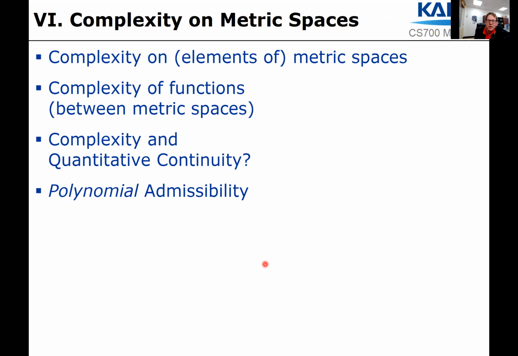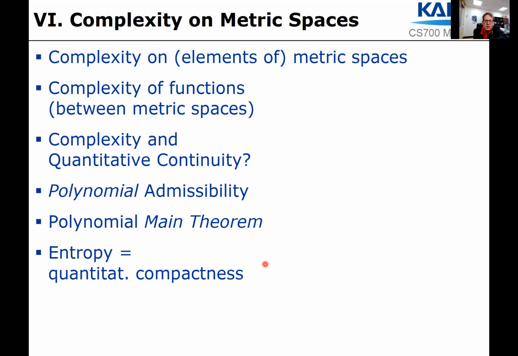And to this end, we would quantitatively refine qualitative admissibility, the notion of Kreitz and Weyrauch, to polynomial admissibility, and develop a polynomial version of the qualitative Main theorem of Kreitz and Weyrauch, which connects quantitative continuity of a function to quantitative continuity of a realizer of that function, subject to the representations under consideration being polynomially admissible.